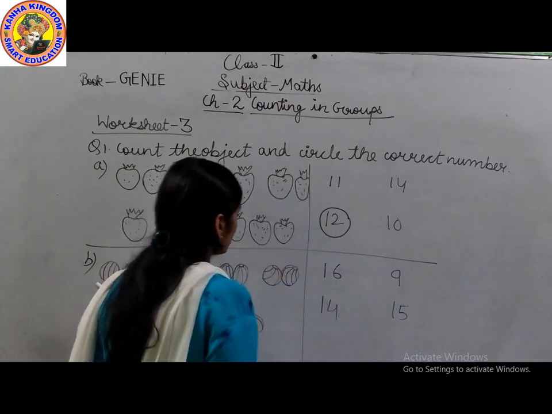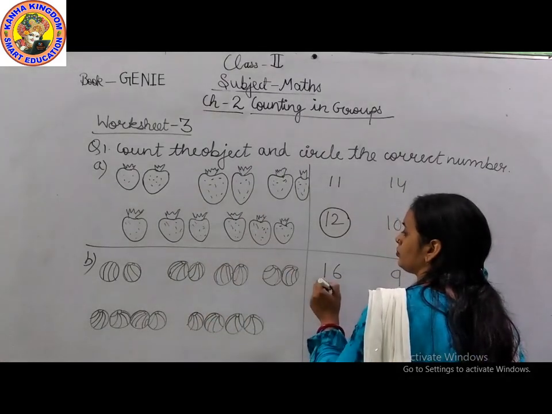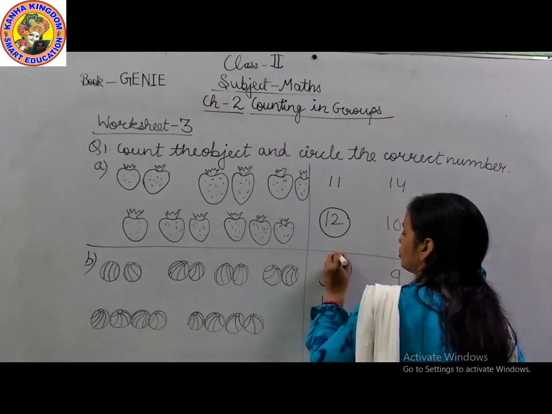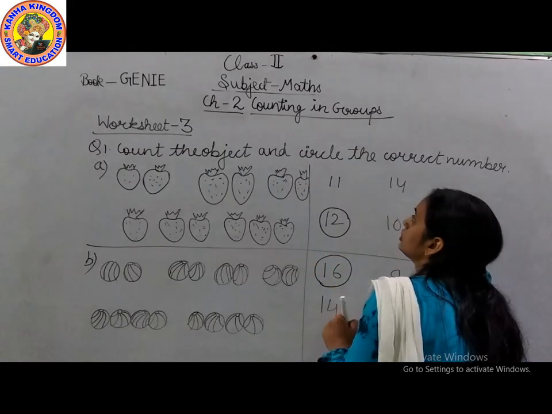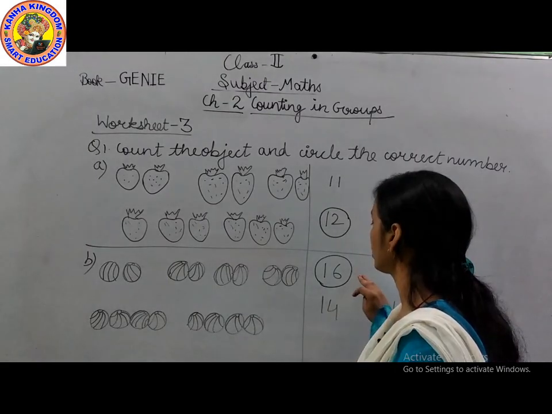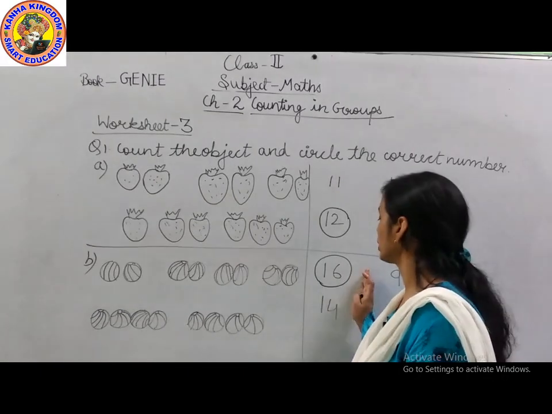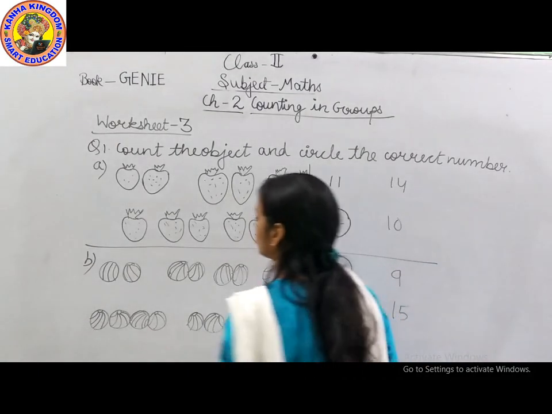So how many balls are there? 16. So circle the correct number. So our correct number is 16. So circle the number 16.